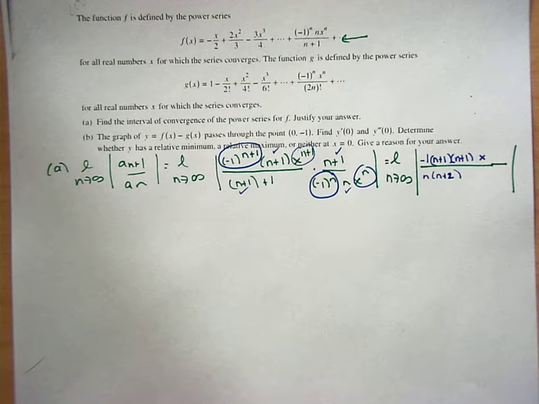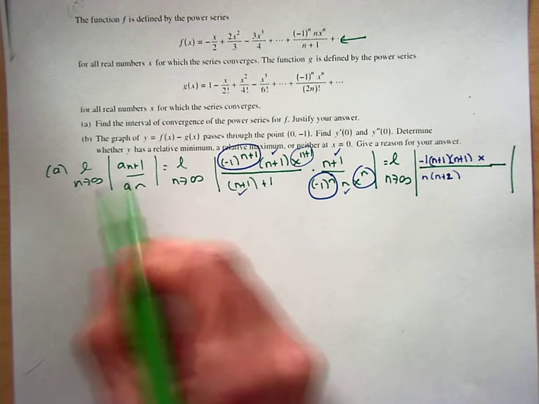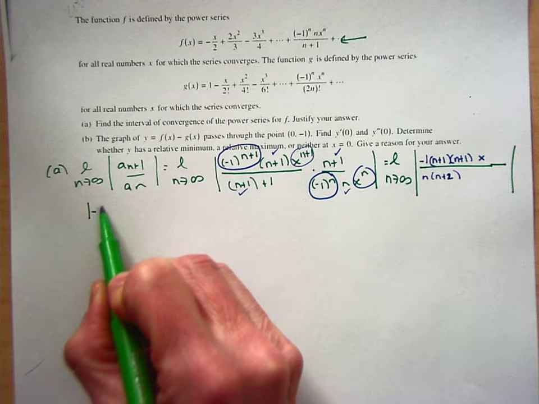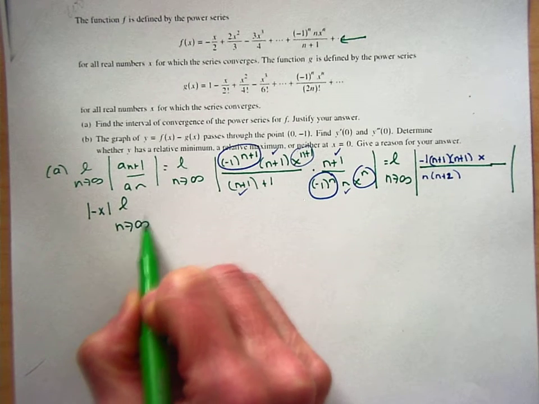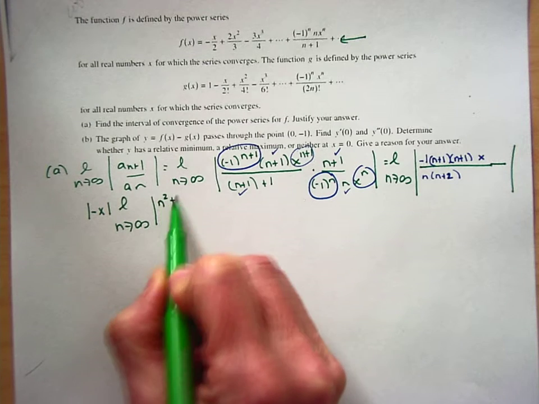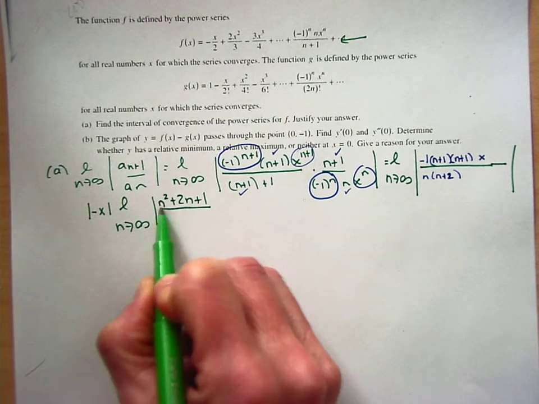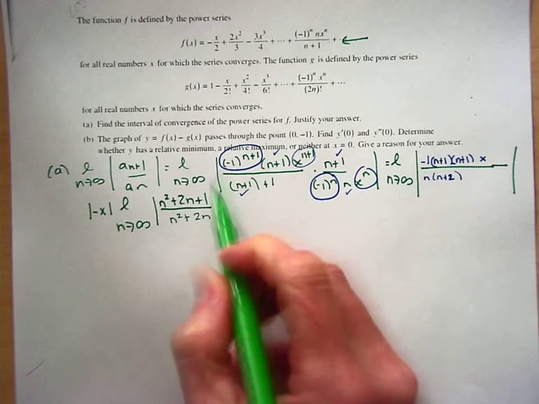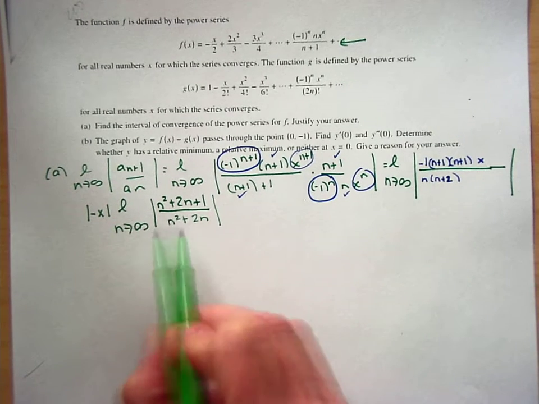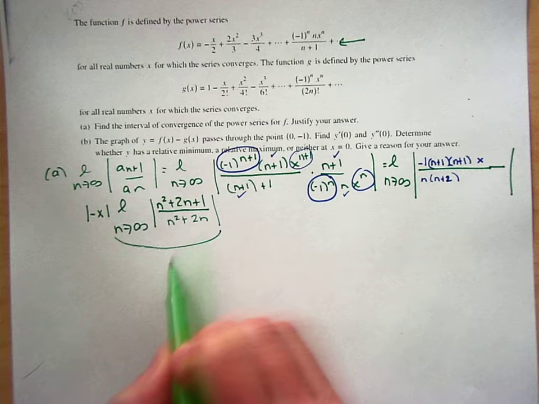So I'm going to do a little bit of rearranging, pulling anything not involving the n out front. So that leaves me with the absolute value of minus x, the limit as n goes to infinity, n squared plus 2n plus 1 all over n squared plus 2n. And we know that if we L'Hopital this a couple times, this limit's going to be 1.